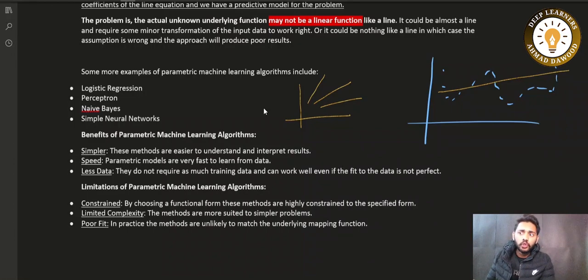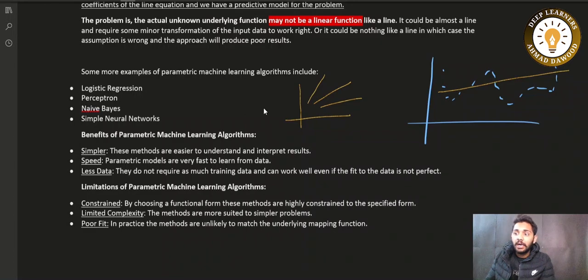It also enhances your speed because half the work is already done. You just have to find the best parameter values, and the same reason is why you can find the best parametric model using less data. The data just should be relevant, because you already know what type of relation exists in your data set; you just have to find the best parameter values according to your training instances.